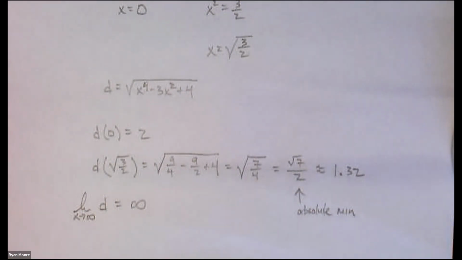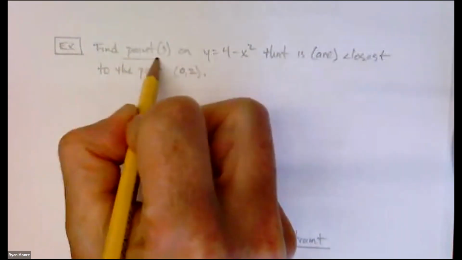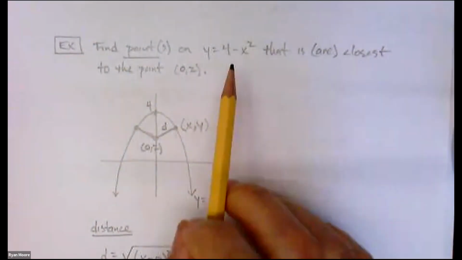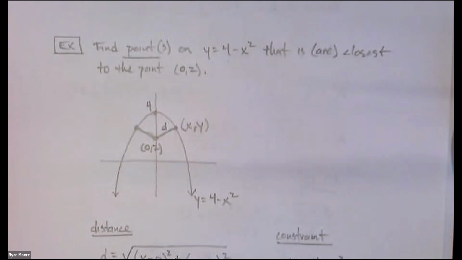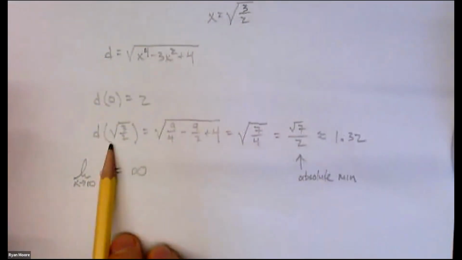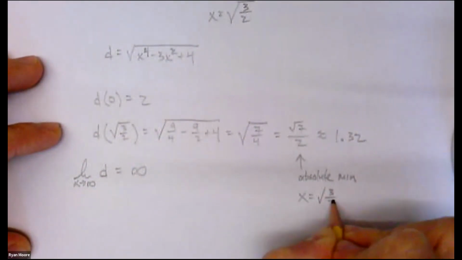All right, our work is done. We just have to make sure that we answer the question like we're supposed to. What did they actually ask? Find the points. Okay, so they didn't want the actual distance. What points on our parabola? So we go back, we realize this occurred at x equals root 3 over 2.